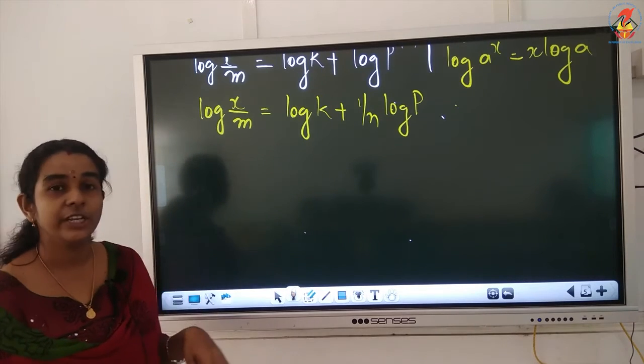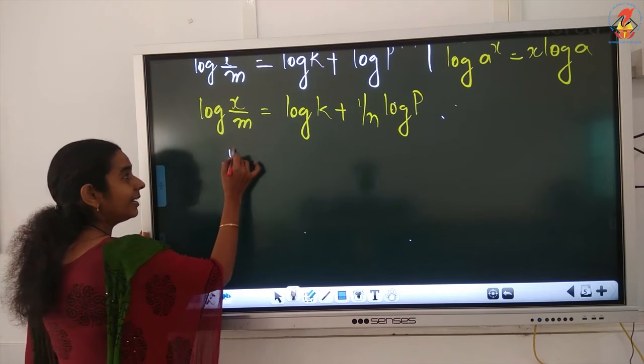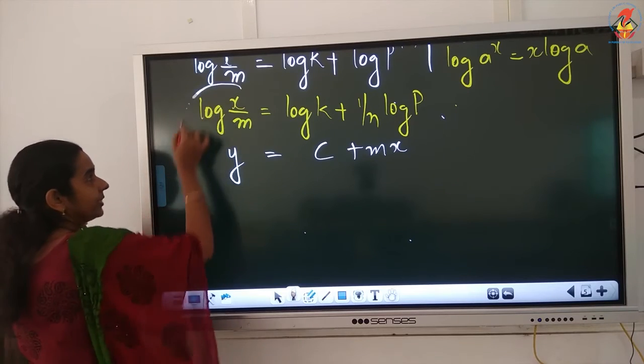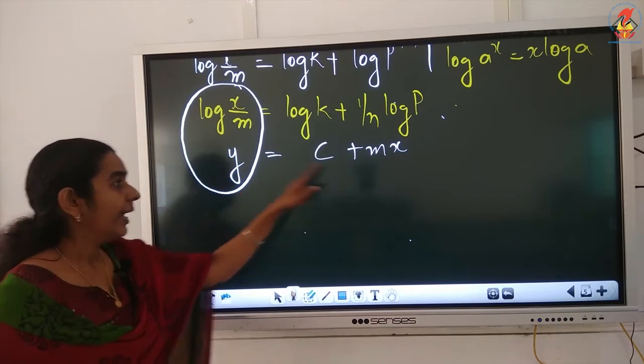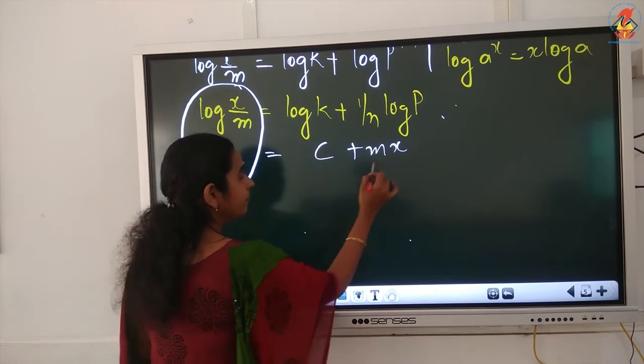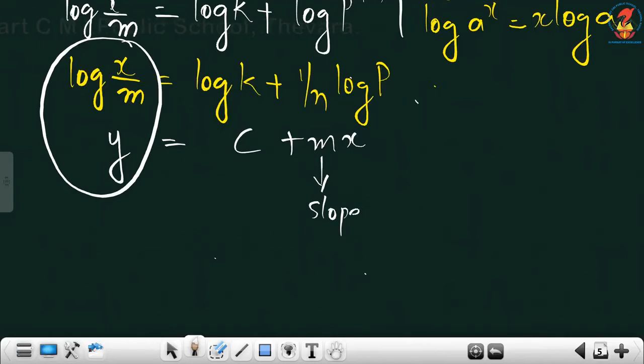Because we can compare this equation with the straight line equation, that is y is equal to mx plus c. Y is what we are plotting along the y axis. X is what we are plotting along the x axis. M is called the slope of this graph and c represents the y-intercept.